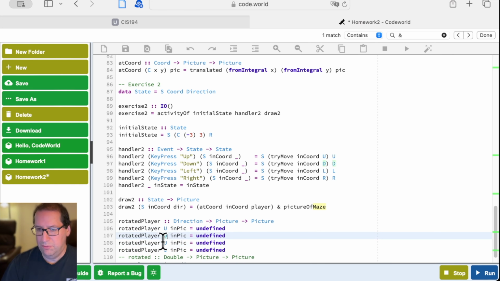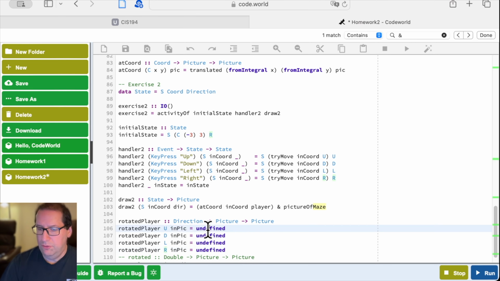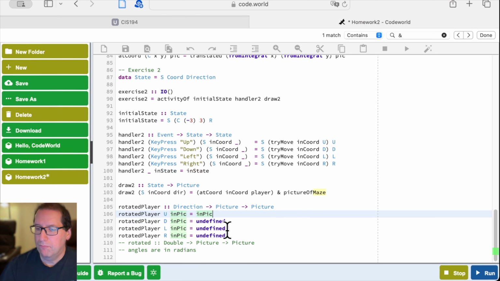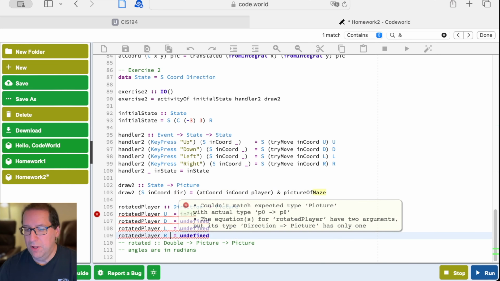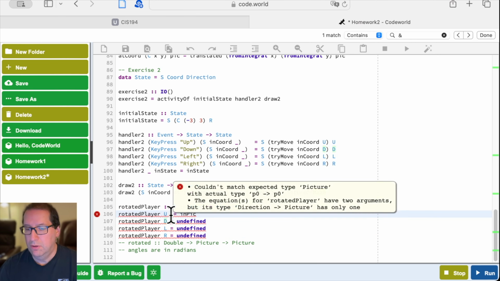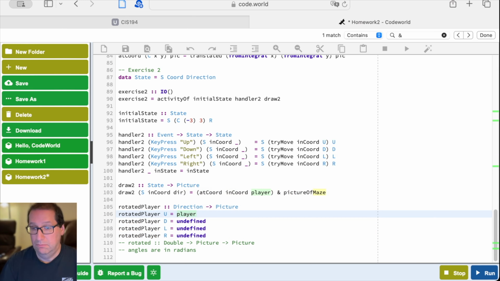Right, up, down, left, right. Using my external knowledge, I know that the up version is just the picture of the player. Actually, we don't even need an input picture here, because we're not rotating arbitrary pictures. We're rotating one picture, which is just that.